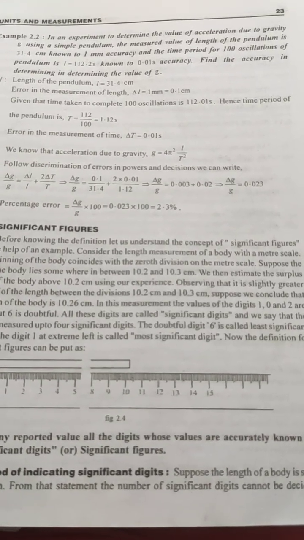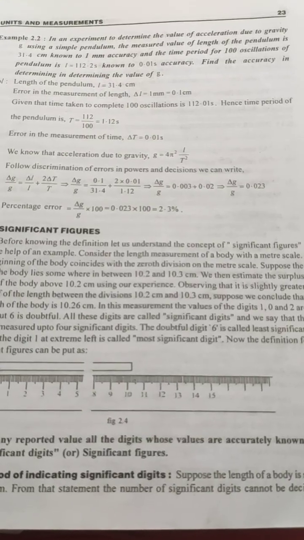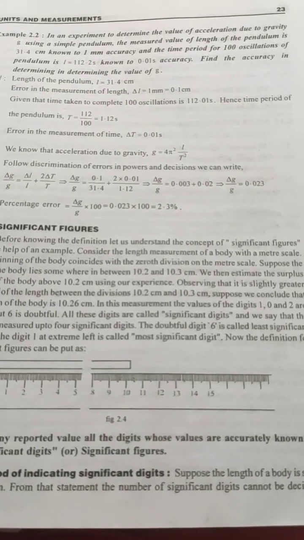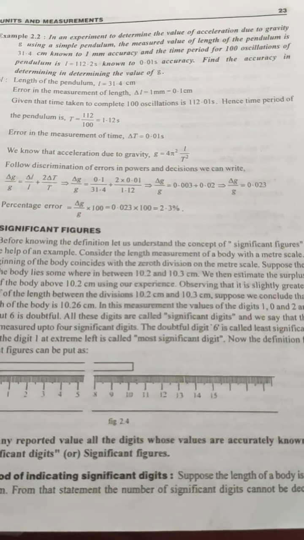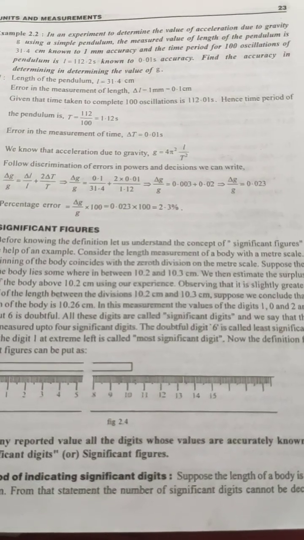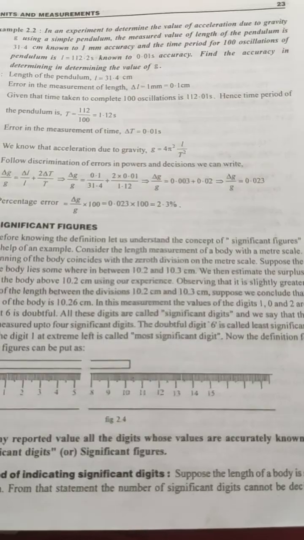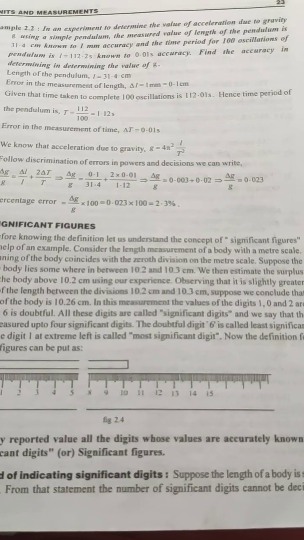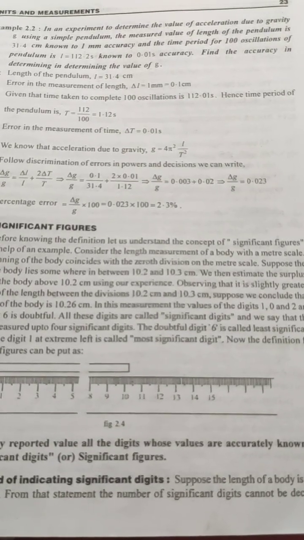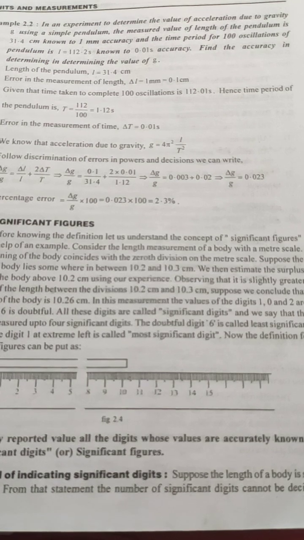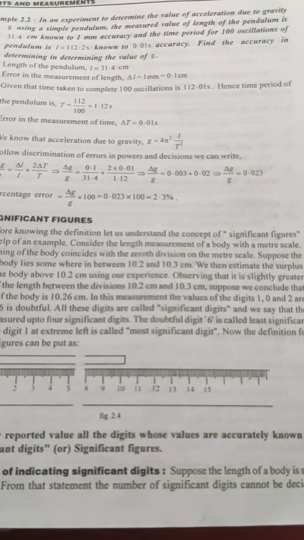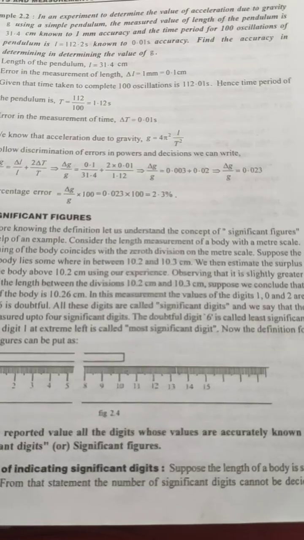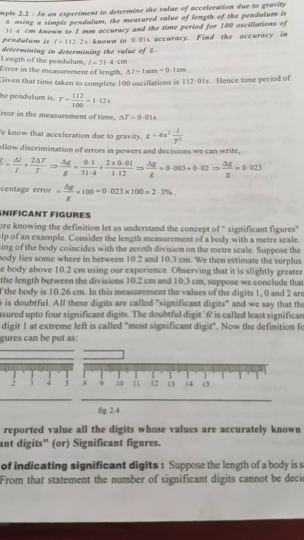Next problem. In an experiment to determine the value of acceleration due to gravity using a simple pendulum, the measured value of the length of the pendulum is 31.4 centimeters, known to 1 millimeter accuracy, and the time period for 100 oscillations of the pendulum is 112.2 seconds, known to 0.01 seconds accuracy.